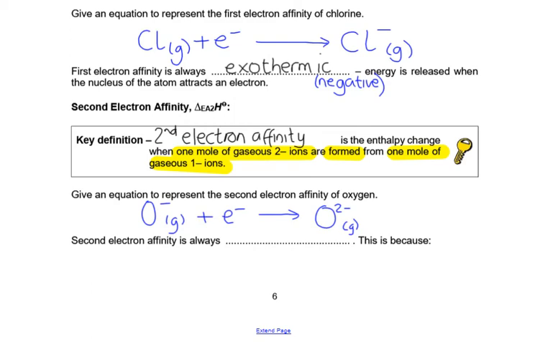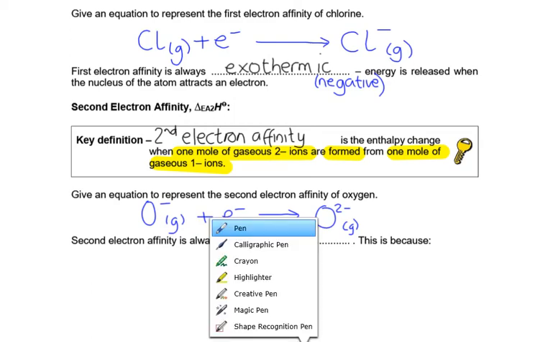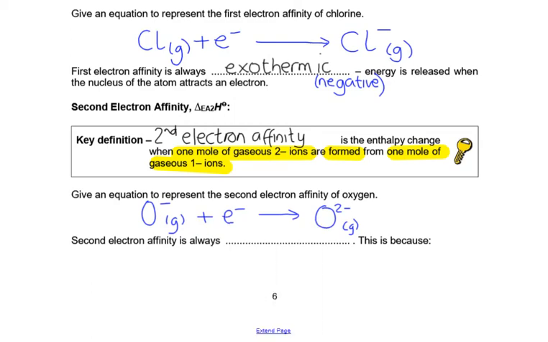This question now is probably one that we want to put a little star by. The exam board do love to ask this little section here. Second electron affinity is always, so all the others we've been saying positive or negative, exo or endothermic.